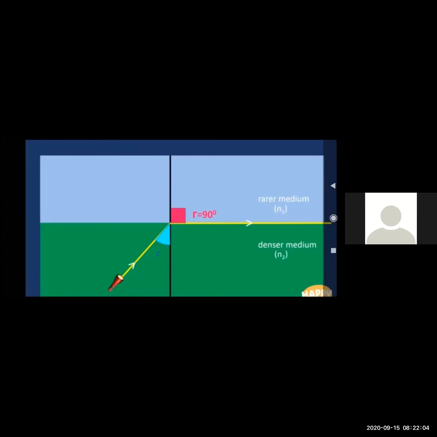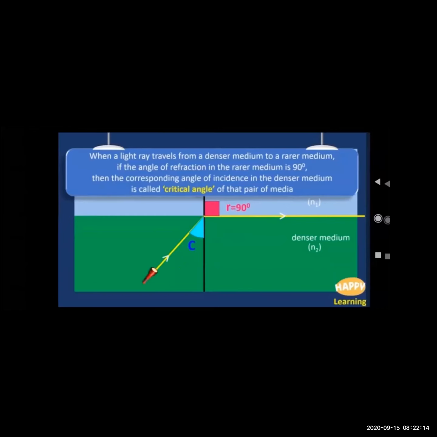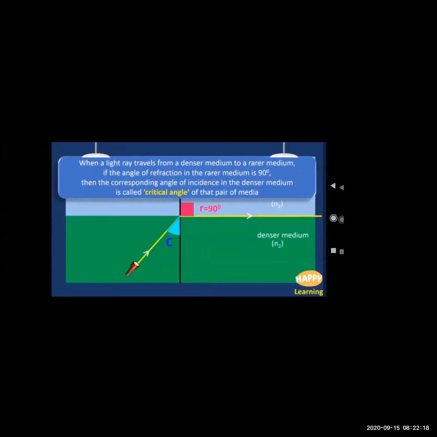The main point related to critical angle is light ray passing from denser medium to rarer medium. Look at this, students. This is a ray diagram showing the concept of critical angle. In the place of angle of incidence, critical angle is written.